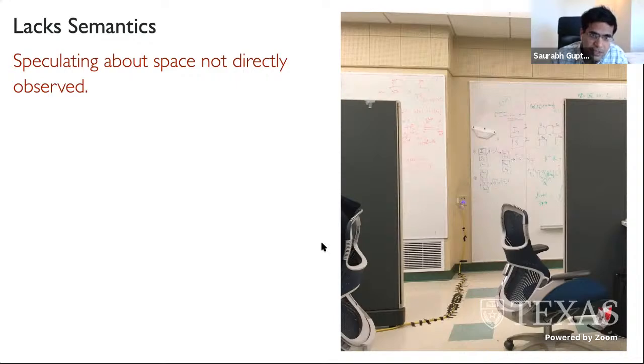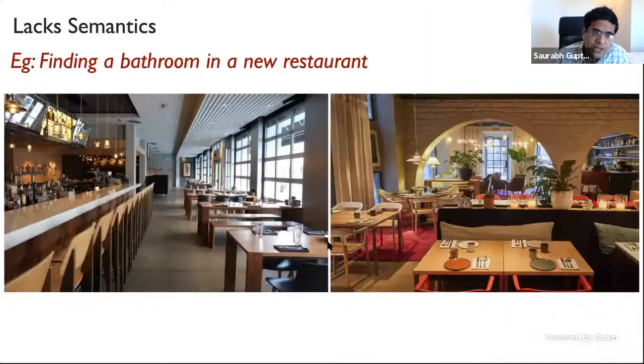Similarly, there's this other aspect, which is, let's say I'm trying to find a bathroom in a new restaurant that just reopened after COVID or whatever. And again, even if I give you a full 3D reconstruction of what you're seeing, the answer to this question, where should I go if I have to find a bathroom, is not easily answered.